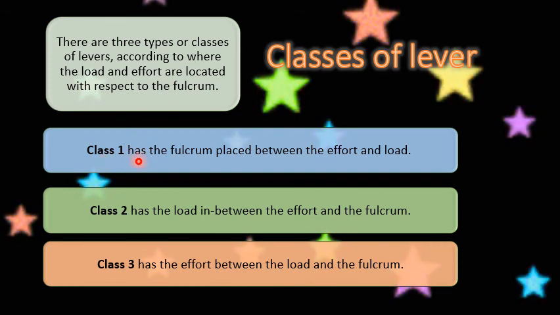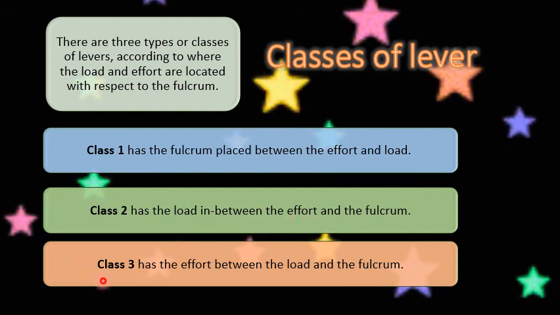Lever class 1 has the fulcrum placed between the effort and the load, as we have seen in the scissors, right? So class 1 has the examples of levers in which the fulcrum is in between the effort and the load. Then there is class 2 of the lever, and it has the load in between the effort and fulcrum.